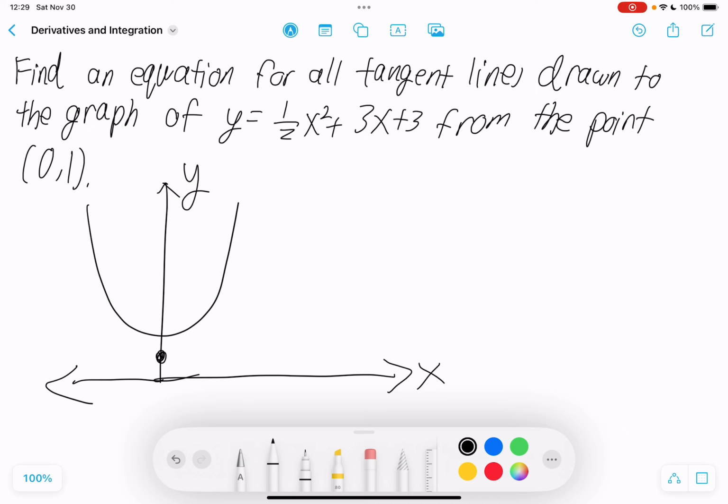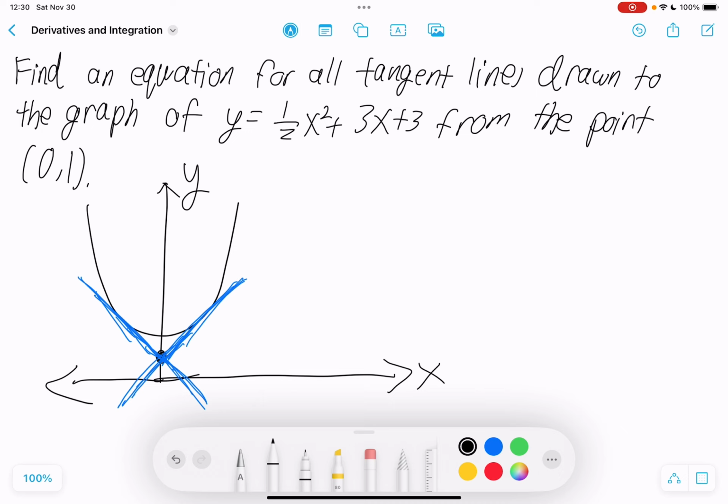We want the equation of the tangent lines, because there's more than one line tangent to this graph, drawn from this dot to this graph here. This is a tangent line. This is also a tangent line. And we want to find the equation of these two lines, because there's only two tangent lines, as you can see from the graph.